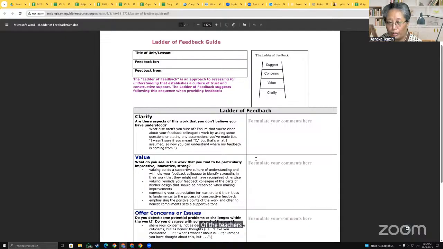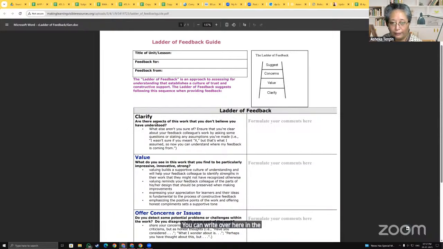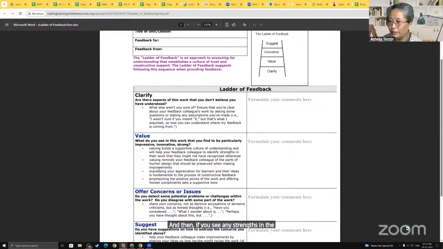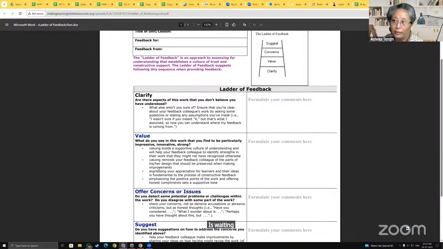When you sit with this ladder of feedback and are observing the class, if you have any questions about what is happening, you can write in the first box, clarify. And if you see any strengths in the class, the teacher is addressing all the students, giving chance for all students to answer, is waiting, has essential agreements, then you write your strengths of the class over here.